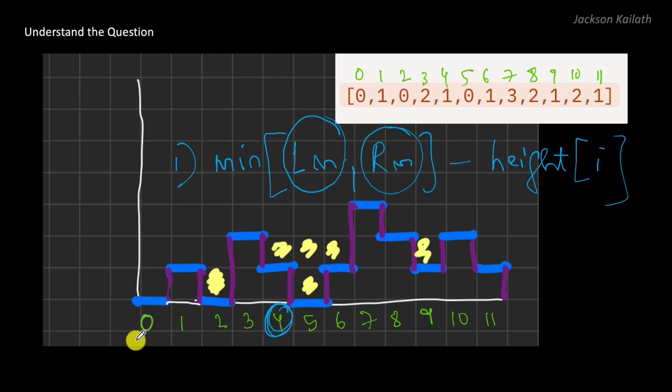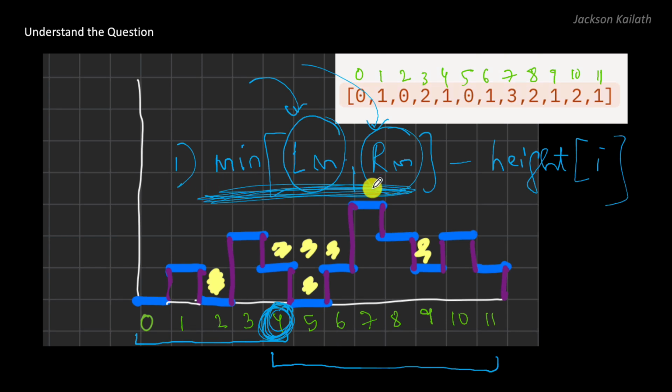So we would consider index 0, 1, 2, 3 and 4 for left max, and we would consider index 4 up to 11 for right max. Or in other words, for each of these, we are also considering the index that we are talking about, and in this way, we ensure that the minimum between these two will never be less than height at index I, and therefore this will never give us a negative value, and we can just find this and keep adding this to a variable, and finally we can just return that variable as the answer to the question.